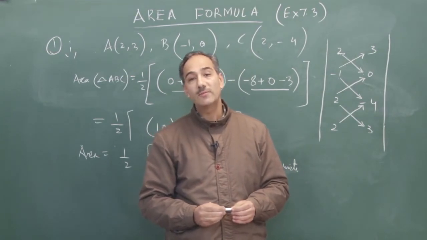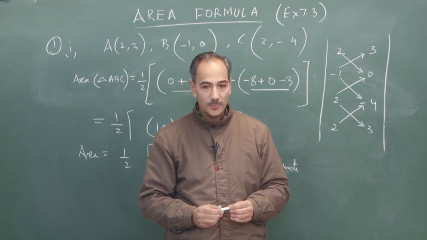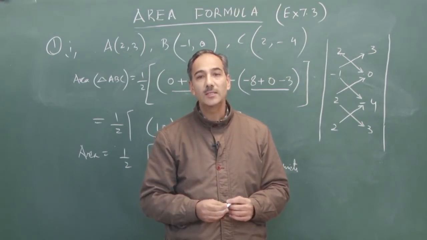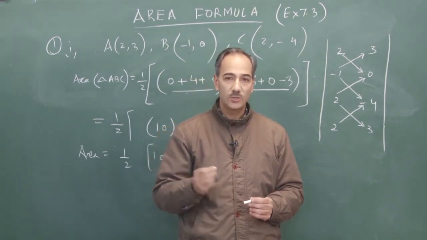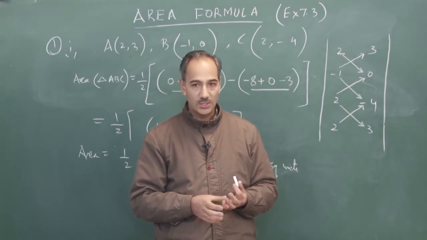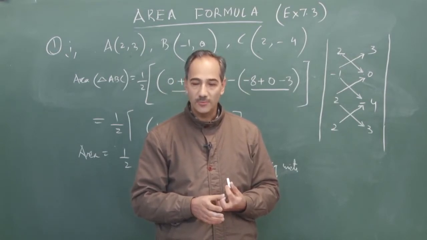My dear friends, if you have seen my first video that was based on distance formula, if you have observed, there I mentioned that the question based on collinearity of 3 points can be attempted using distance formula, using section formula, as well as using area formula.